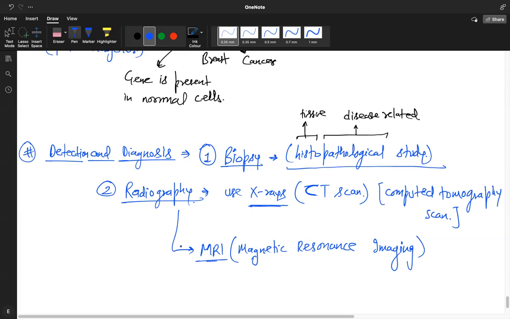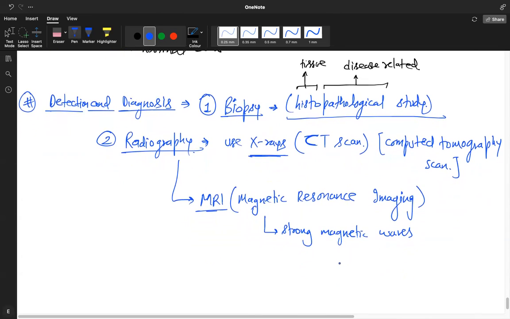So MRI uses strong magnetic waves and non-ionizing radiation.